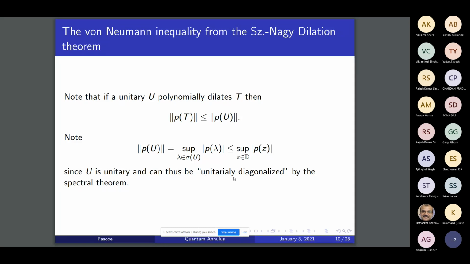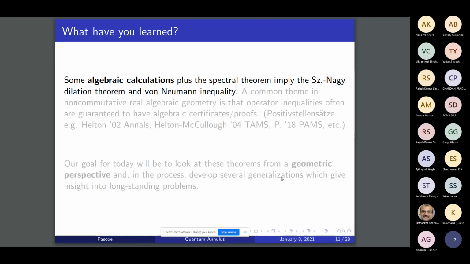We might argue that having to diagonalize is a little bit of technology, but this is a very nice proof. So what have we learned here? Some algebraic calculations, plus using a little bit of the spectral theorem, imply this Sz-Nagy dilation theorem, and from the Sz-Nagy dilation theorem you can get this von Neumann inequality.